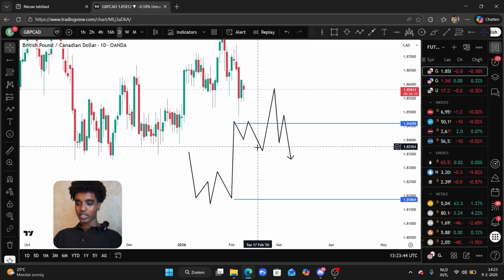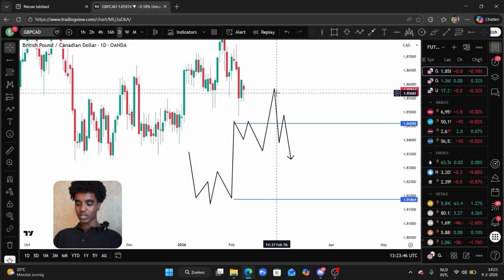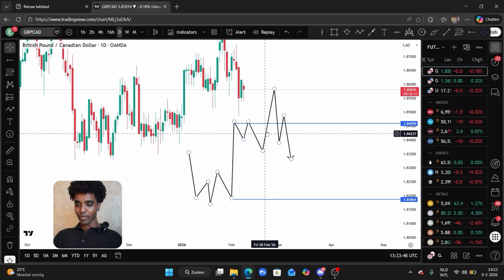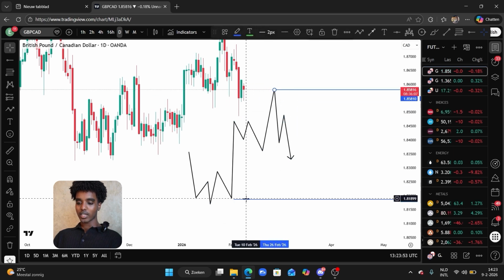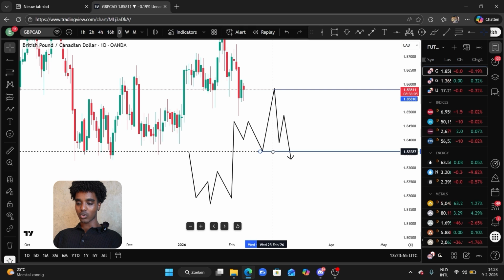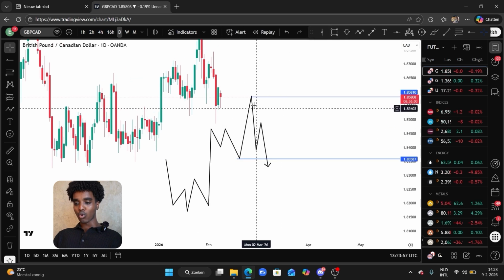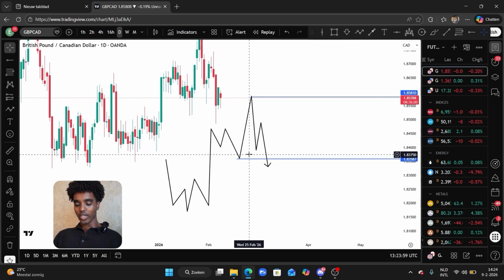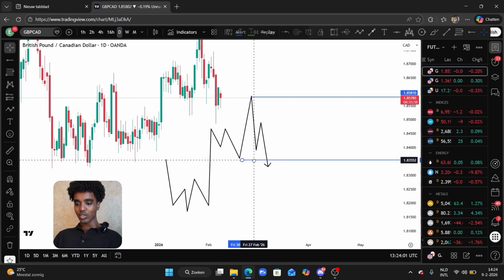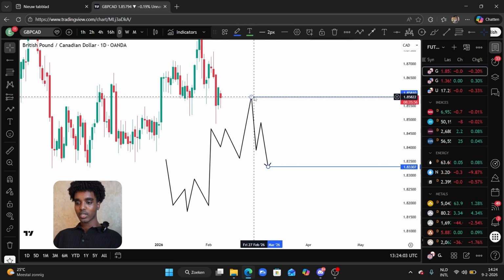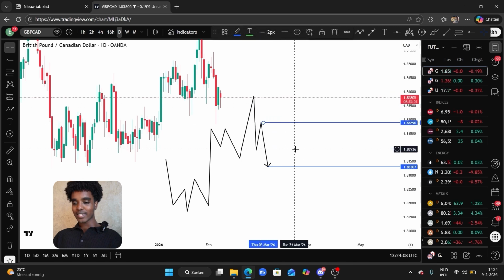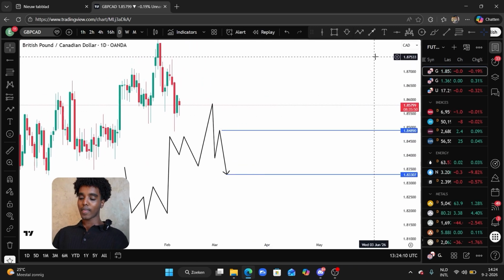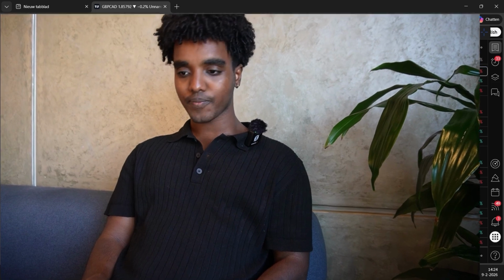It stayed in between the context, and then it made a new higher high here, and then this was the higher high, and then this is the higher low, and then it actually broke the higher low in the bullish context, and it made a new lower low and a lower high, making this market a bearish market, right?